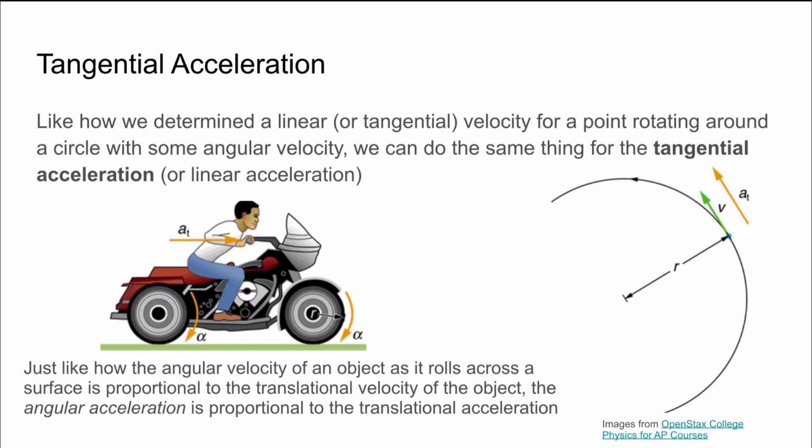And this is very similar to our problem with a bicycle or a motorcycle, where if the tires are rotating, they'll have some angular velocity, and if they're accelerating, some angular acceleration, and that's going to end up giving us some actual translational velocity and translational acceleration as they rotate.